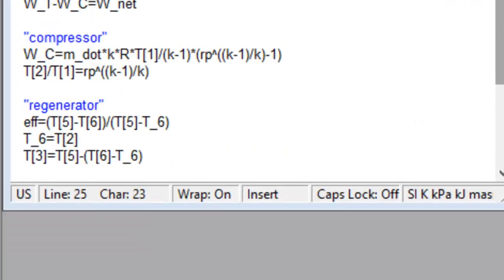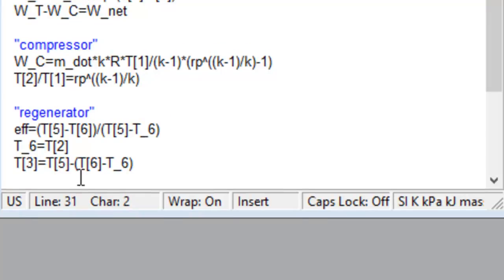So coming back to EES, here is my efficiency, EFF, my 90% efficiency of the regenerator. I've got T5 minus T6, and then T underscore 6, the ideal temperature, and so it's going to be 90% of the energy. If we look back at our figure, we'll realize that T6, being the ideal T6, which would be somewhat lower than the actual T6, is going to be the same as T2.